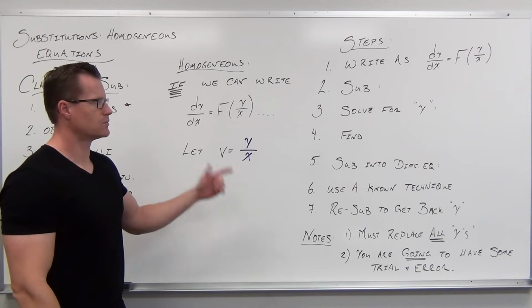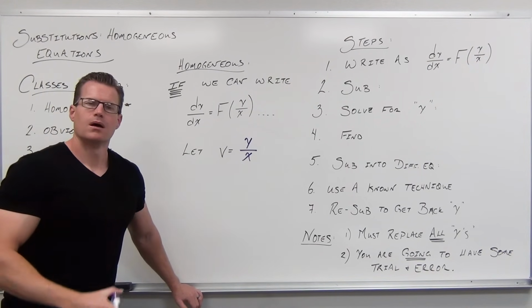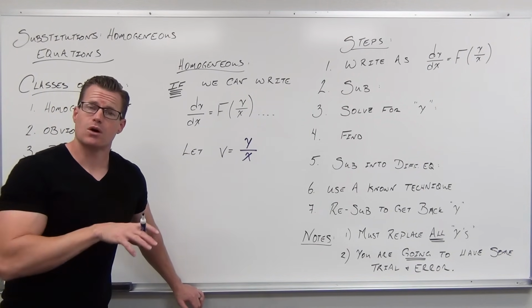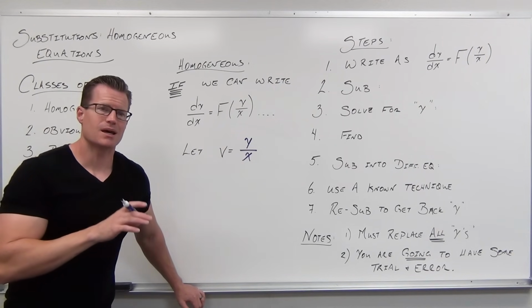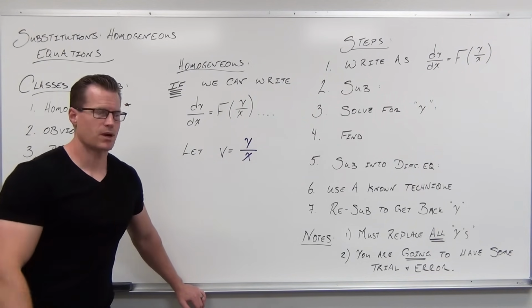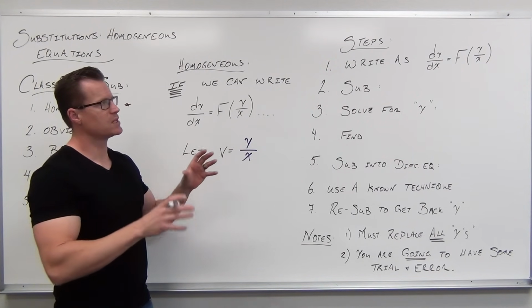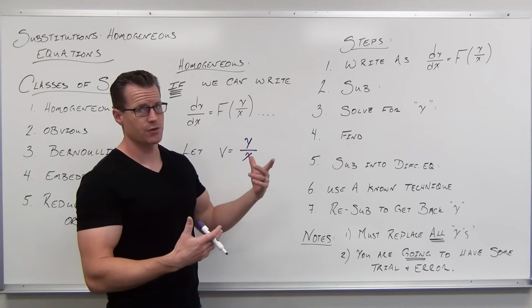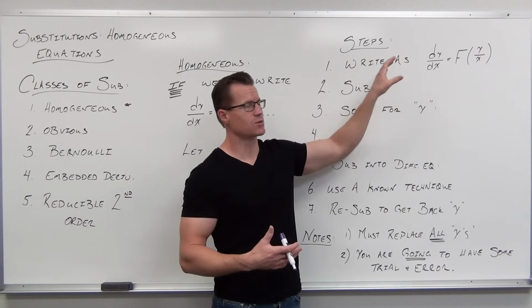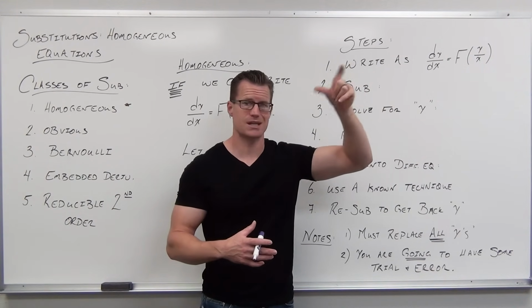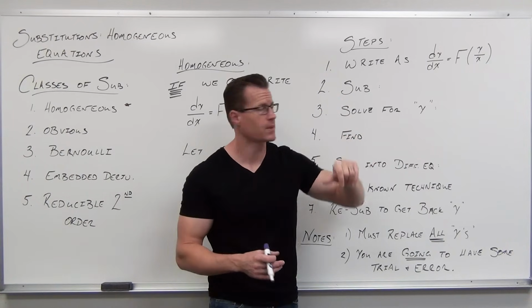Why would that be so important? Well, it's because if we solve this for y, then we can make a double substitution. I'm going to show you that right now. So step one, I'm going to give you the steps as we go through this. Step one, a homogeneous equation is when we can write our differential equation as dy dx equals a function where we have y over x in every instance of our y.